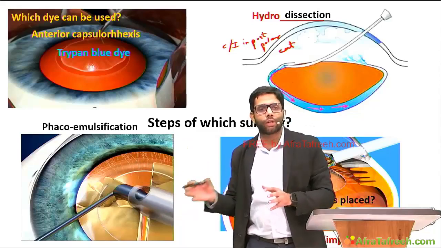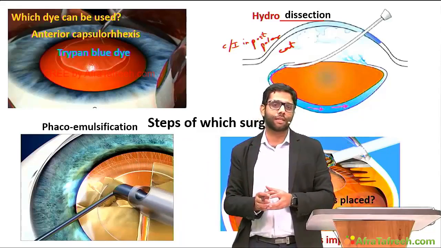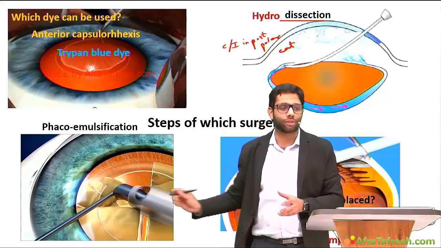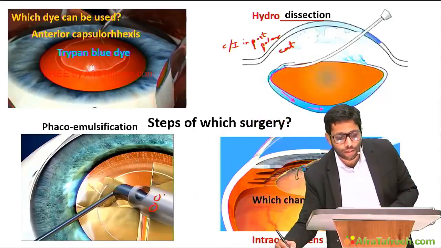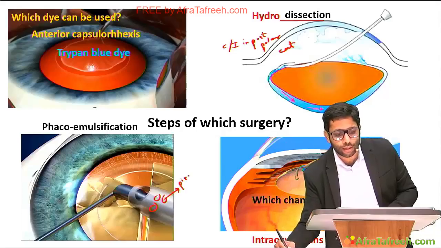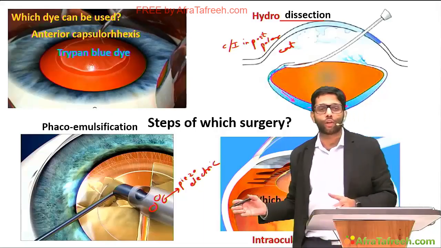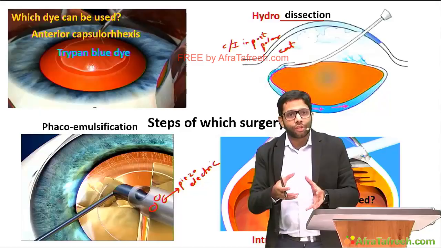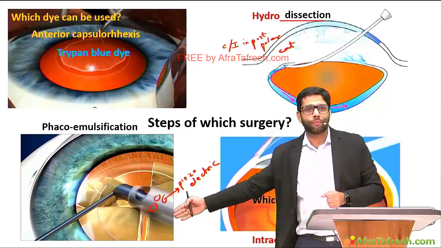You break down, emulsify the nucleus into small pieces by conversion of electrical into mechanical energy, because they have piezoelectric crystals, lead zirconate, which convert the electrical into mechanical energy, breaking the lens into small pieces which can be aspirated inside the phaco probe.